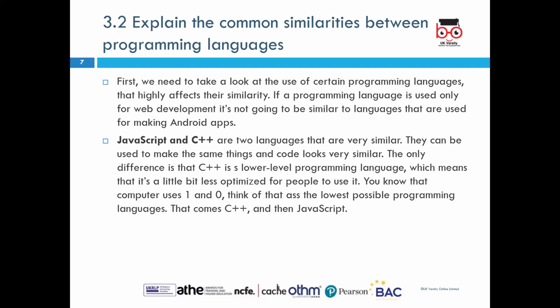For instance, when we look into JavaScript and C#, these are two similar languages, they can be used to make the same things, and the code looks very similar. The difference is that C# is a lower-level programming language, which means that it's a little bit less optimized for people to use. And we know that the computer uses binary numbers, so we can think of this as the lowest possible programming language.